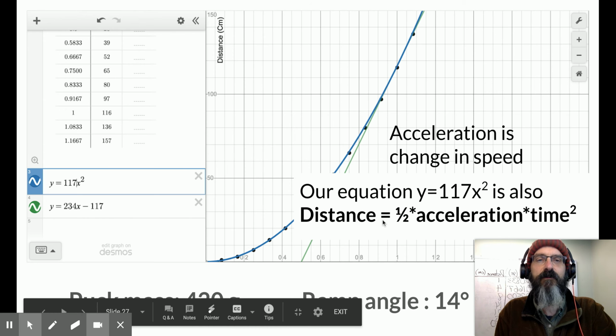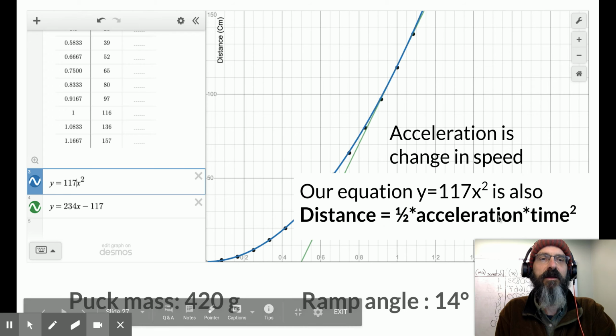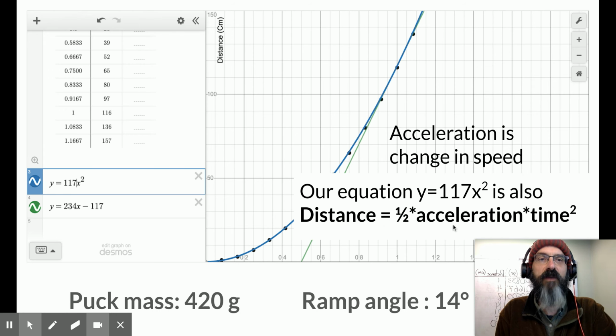The distance is 1/2 times our acceleration value of 234 centimeters per second squared times time squared. So that's something to consider.